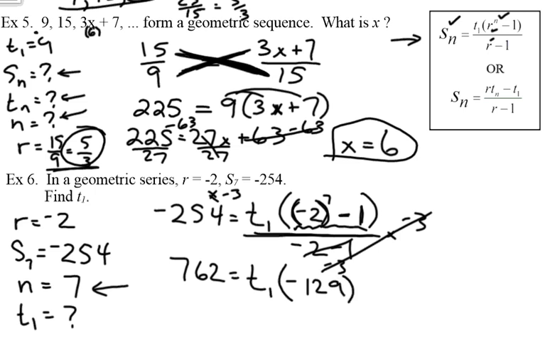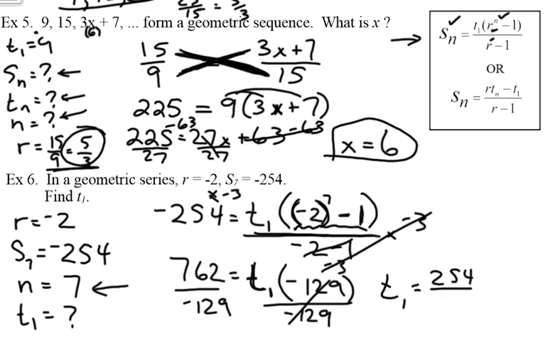So I'm left with T1 times negative 129, divide by negative 129 to solve. 762 divided by negative 129 doesn't work out evenly, so I use a math fraction, and our first term is 254 over 43. There's our term 1. There you go, using the right formula.